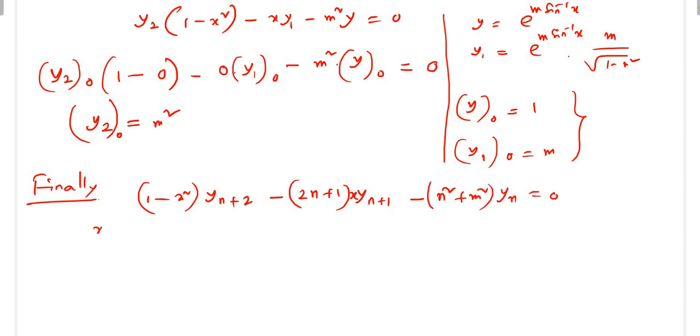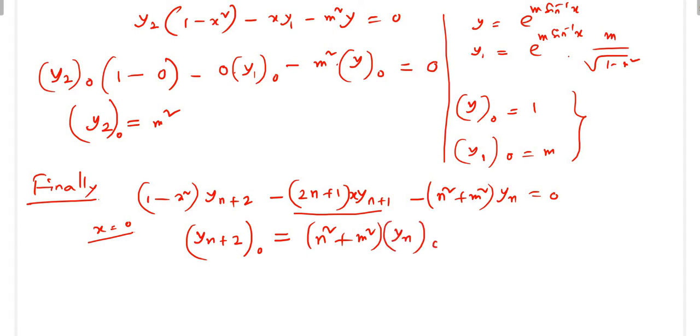Now I want to put x equal to 0 in this line. So we get y n plus 2 at 0. The middle term will be completely 0 because x equal to 0, and then it equals n square plus m square into y n at 0.